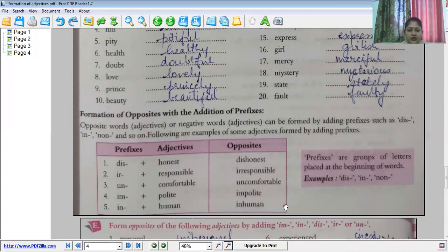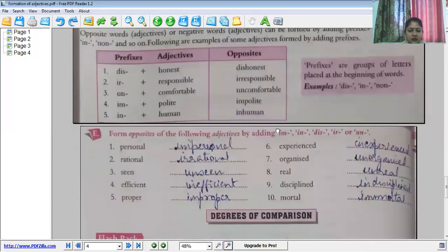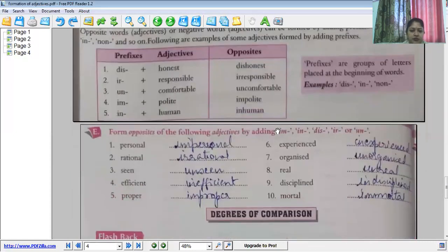Now there is a small exercise which is given. Yes. Personal will become impersonal. Rational will become irrational. Seen will become unseen. Efficient will become inefficient. Proper will become improper.